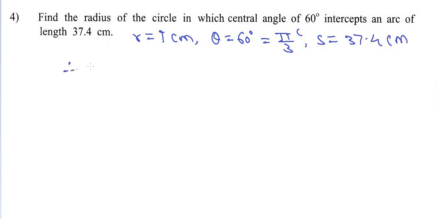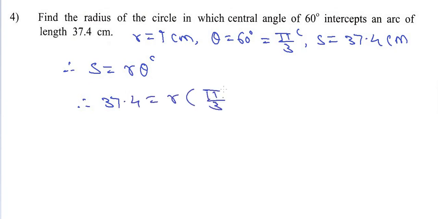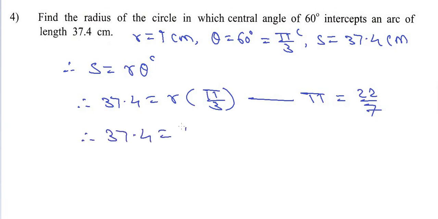Let us use the formula for arc length. S is equal to R into theta in radian. Therefore we get 37.4 is equal to R into pi by 3. Now here we are going to use the value of pi as 22 by 7. Let us shift this 3 to the left hand side.